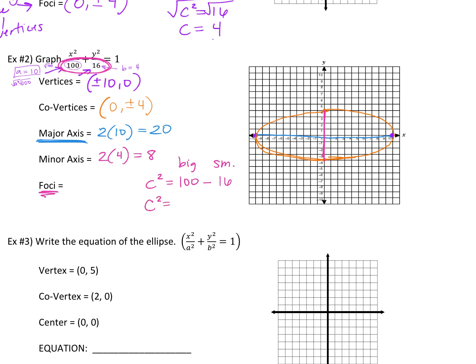This one's not quite as pretty. 100 minus 16 is 84. It's not a nice number to square root, right? So what you're going to do with this is you're going to put it into simplest radical form. I know, we love simplest radical form. I literally love simplest radical form, but I know it's not your favorite for some of you. What perfect square is 84 divisible by?